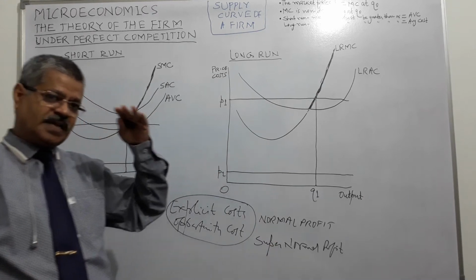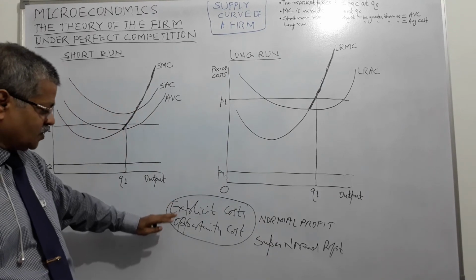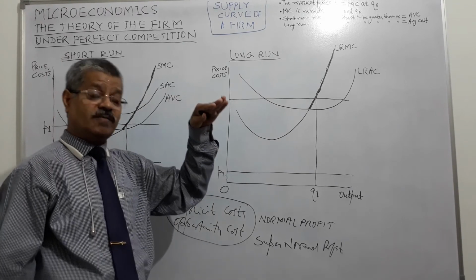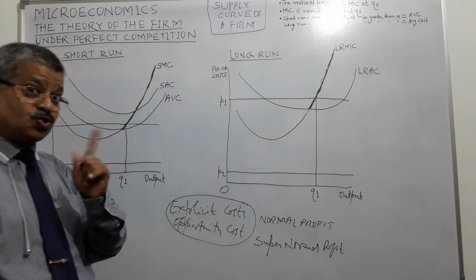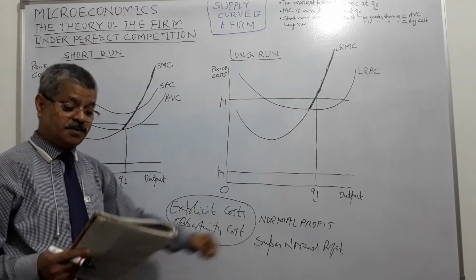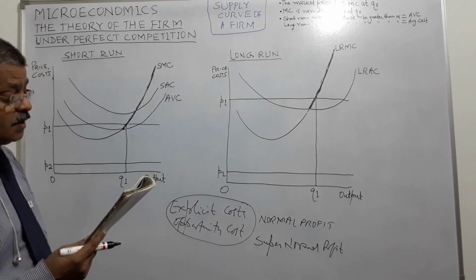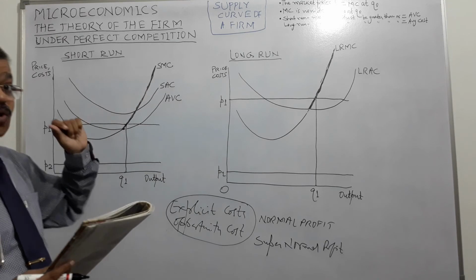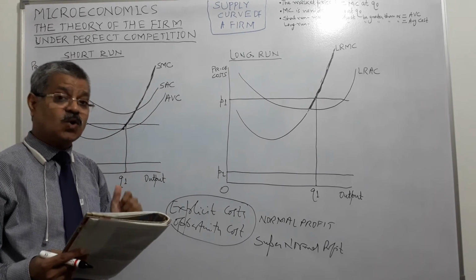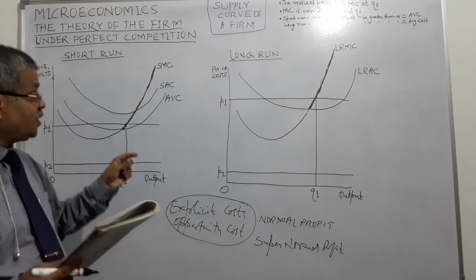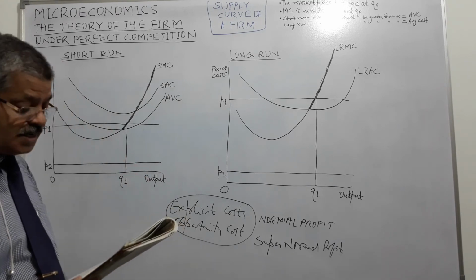Where the firm is able to recover explicit cost as well as opportunity cost, and it comes to zero level of profit, not supernormal profit. The point on the supply curve at which a firm earns normal profit is called the break-even point for that particular firm.